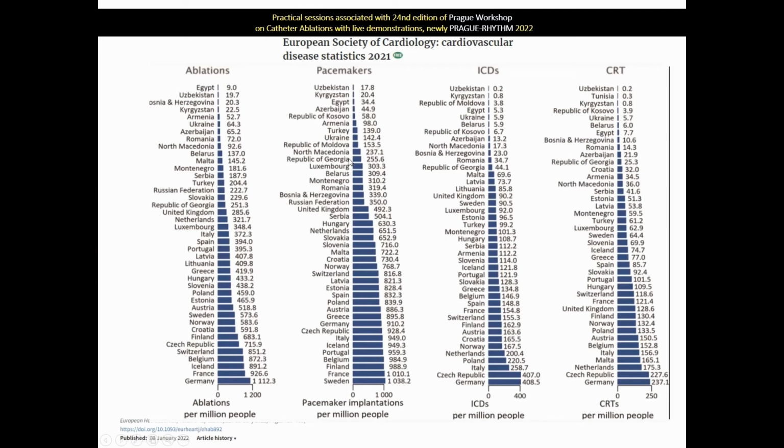You can appreciate that Czech Republic is in 6th place for ablations per 1 million people. In front of us are Germany, France, Iceland, Belgium, and Switzerland, and somewhere in the middle are Spain, Italy, Netherlands, and United Kingdom. So it's quite a good position, and even better for ICD per million people, where we are in 2nd place, and the same for CRT pacing.